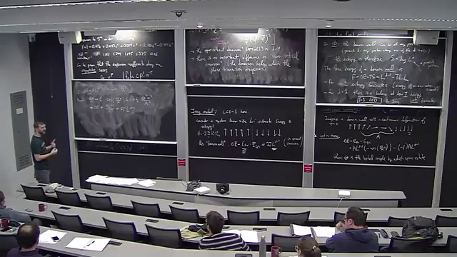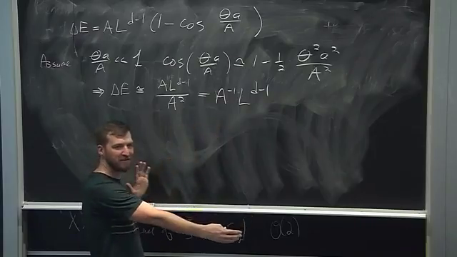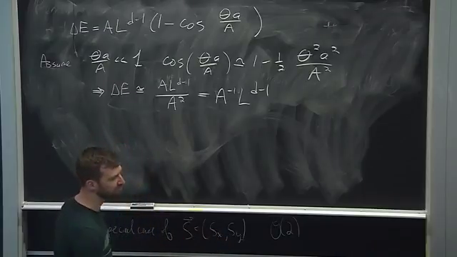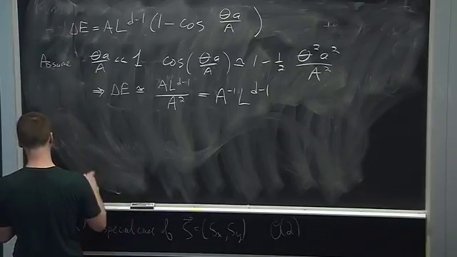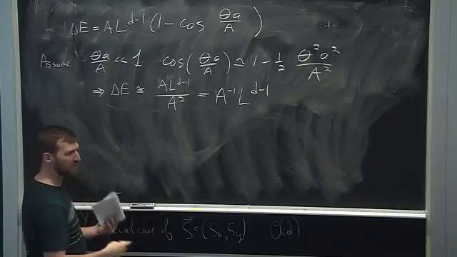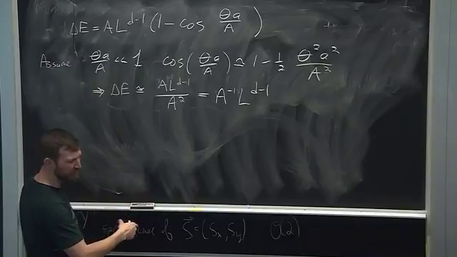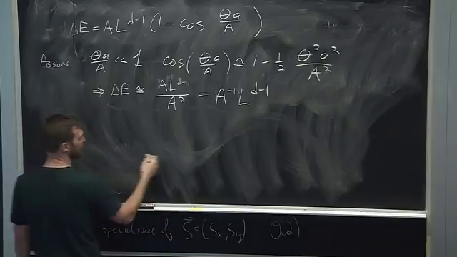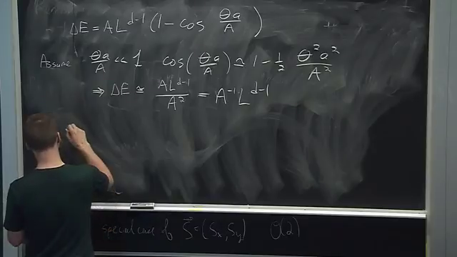If you make A go to L, because it's 1 over A, so if you make A the size of the system, then that's the lowest energy. That's another reason to do it. You can minimize that energy cost, but you have to assume you're basically isotropic and homogeneous with nearest neighbors. Under all these assumptions, it makes sense to make A of order the system size.